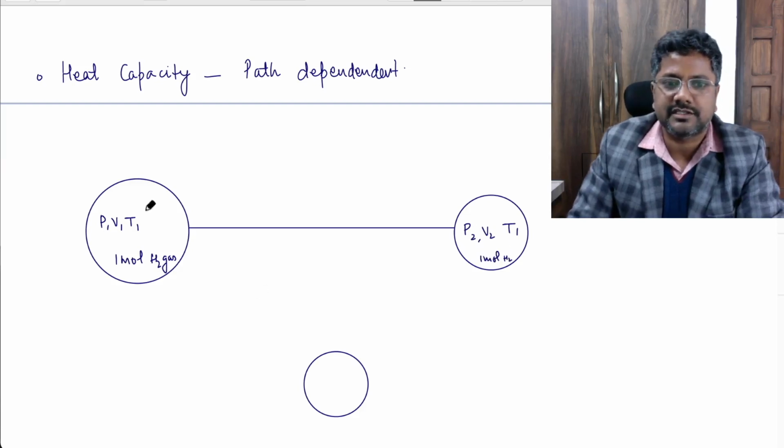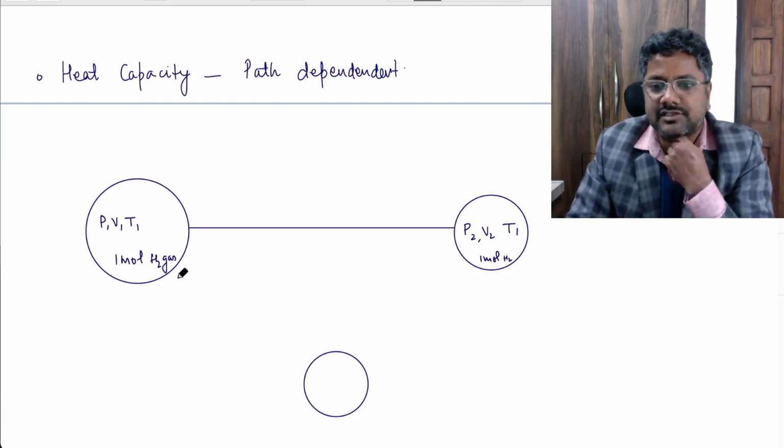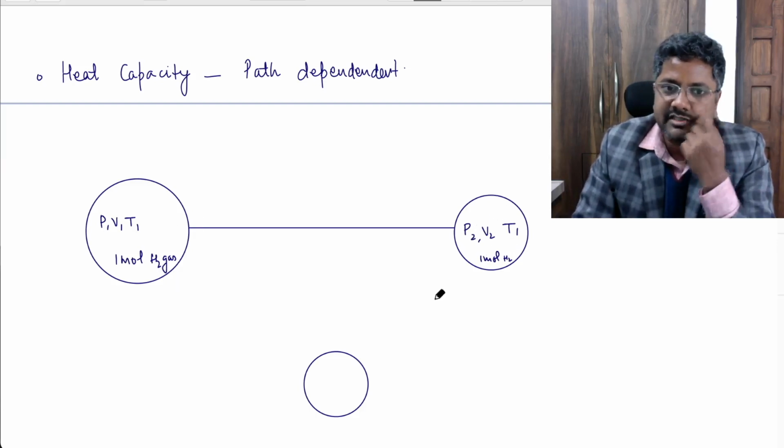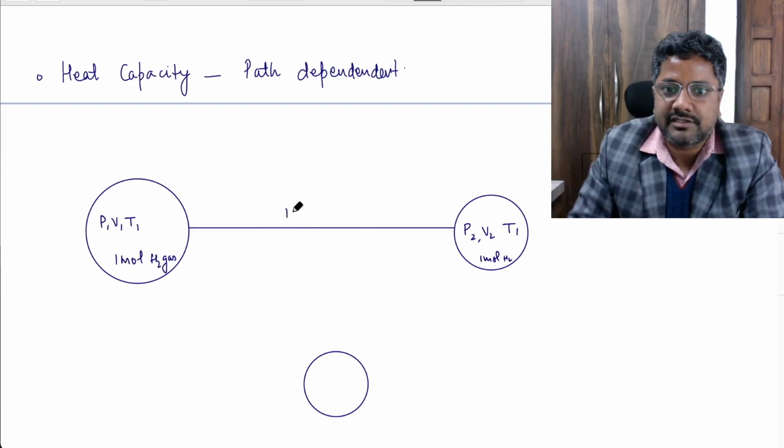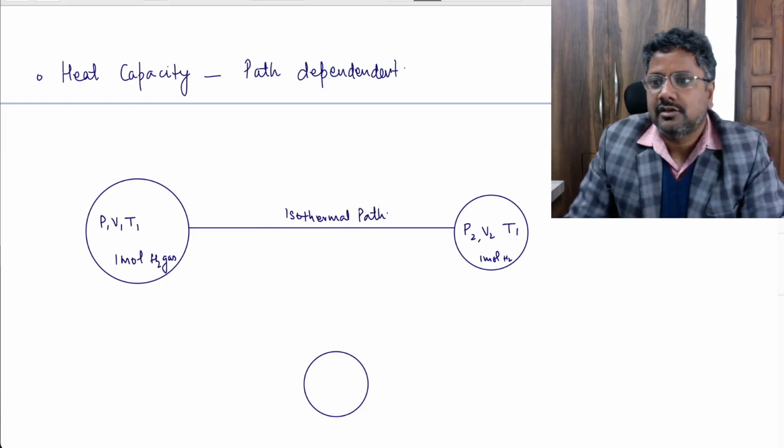So this is one state of our system, this is another state, and the temperature is constant, which means this is an isothermal path, right?